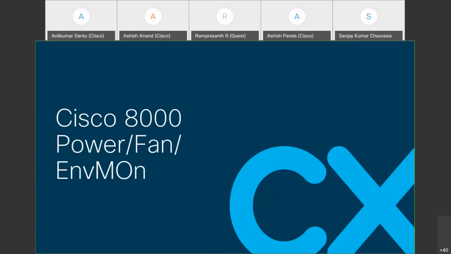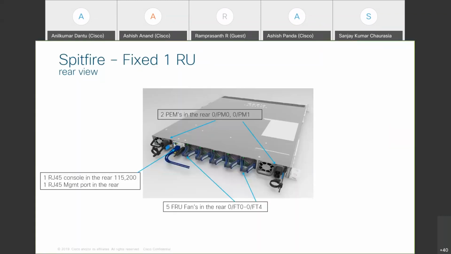Okay. So next is the power, fan, and EMON. On a fixed chassis, you have two power supplies on the back and 5 fans on the back side. There is one critical piece of information, especially with regard to fans.